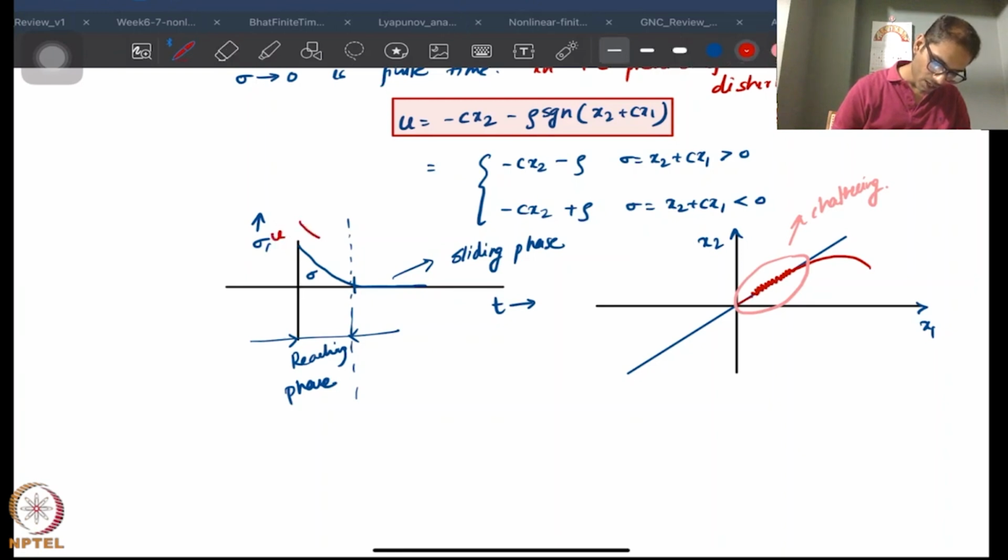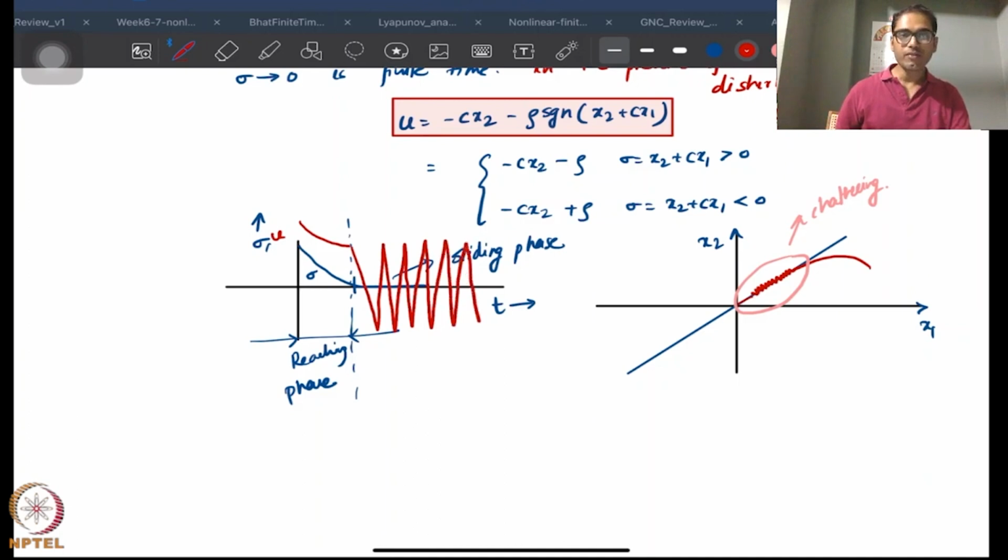The control looks really nice here, but once you reach this place it will be oscillating very fast. There will be very high frequency oscillations. In fact, I'm making it very nice and clean. It will be much worse than this. And this is a phenomenon that is not particularly great, right?